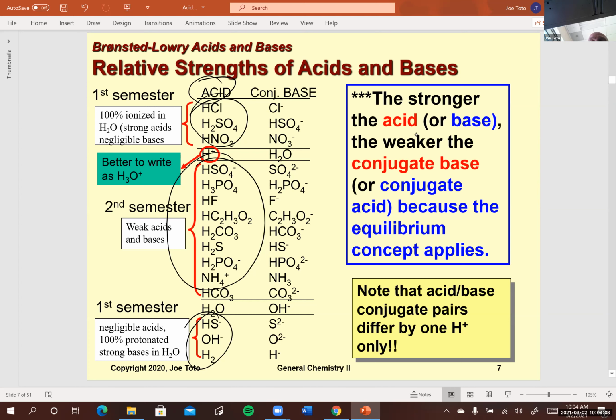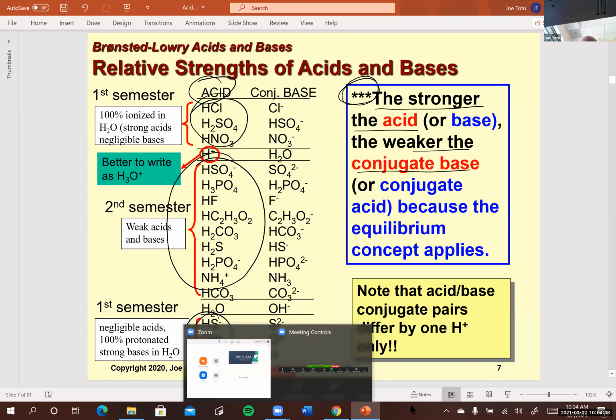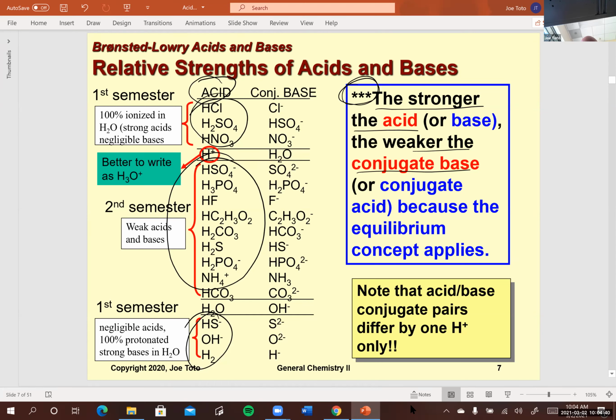And it says over here that the stronger the acid or the base, the weaker the conjugate. And that's kind of an important point. And I just want to ask anybody out there what that means to them. What do you guys think?